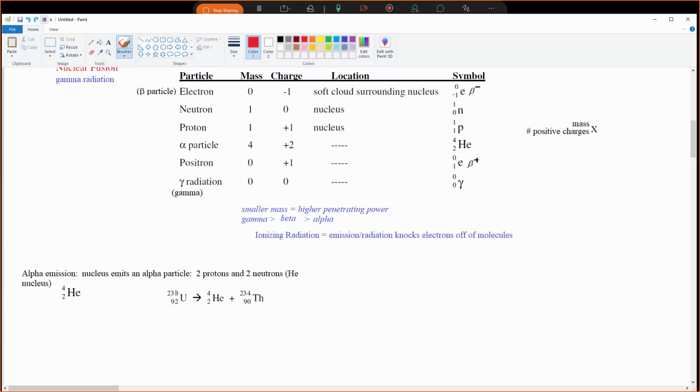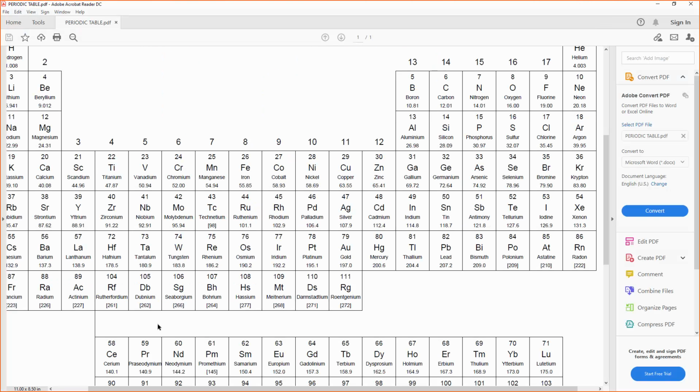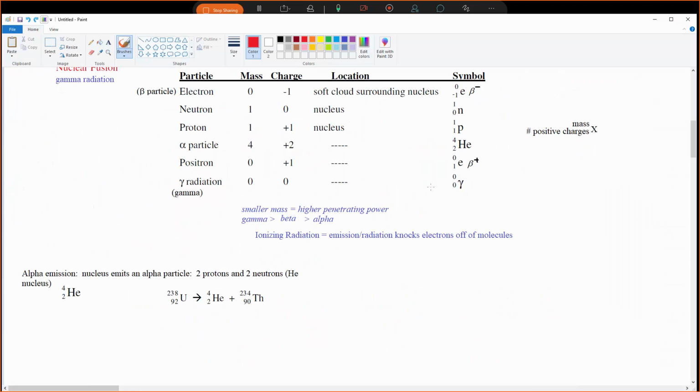So uranium-238 with 92 protons, because it's uranium, decays by alpha emission. It kicks out this alpha particle, 4-2, and 2 makes it He. What remains has 234 total mass and only 90 protons. Looking at the periodic table, 90 protons is thorium.